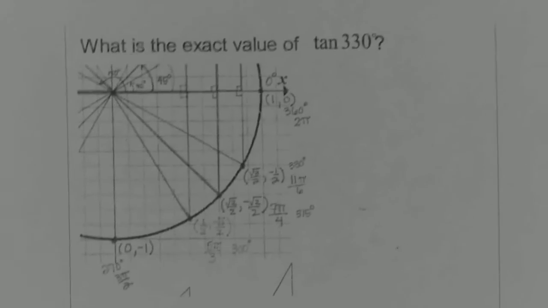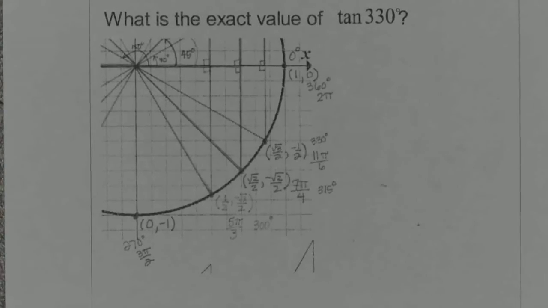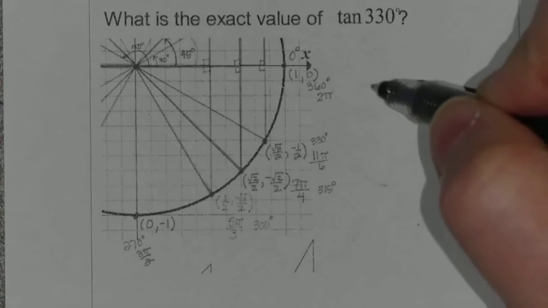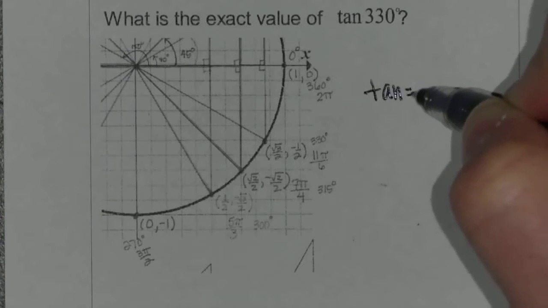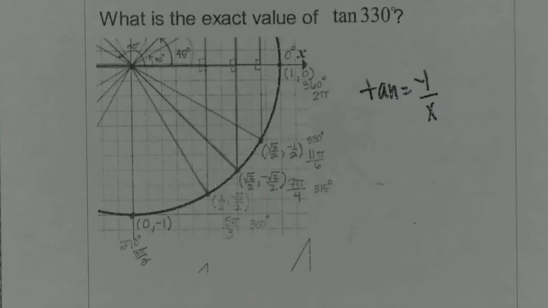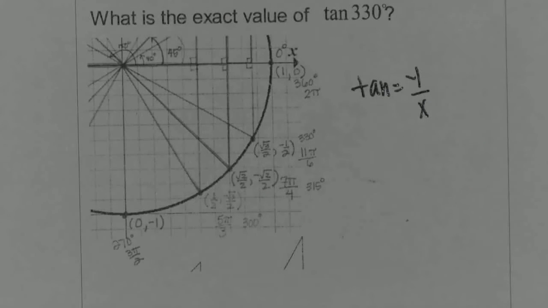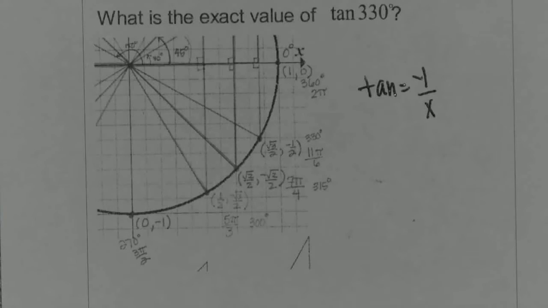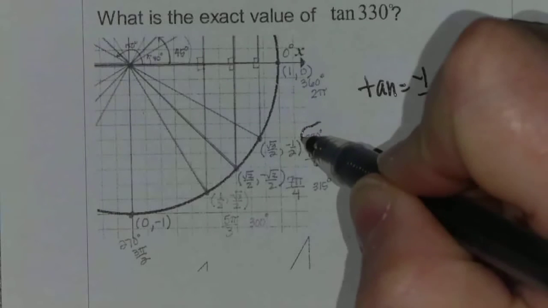Next example, what's the exact value of the tangent of 330? Let's just remind you that the tangent is y over x, which means I'm going to have to find my y and divide it by my x. So a tiny little bit of math here. But let's go and find 330 degrees. It's marked on my chart for me right here.